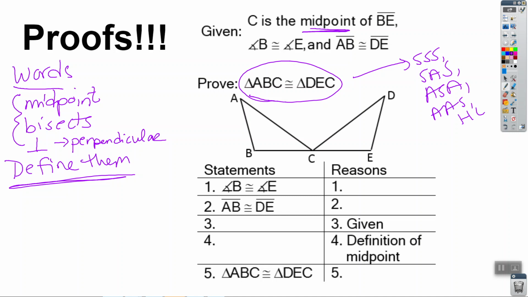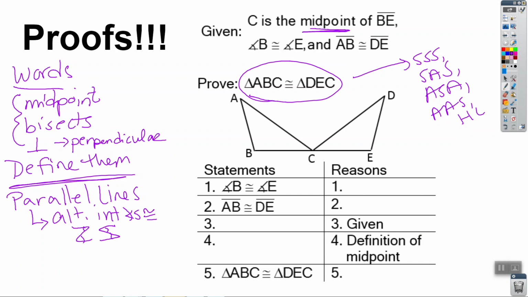Some of the other things they might give me: they might talk about parallel lines. If they talk about parallel lines, I need to know that my alternate interior angles are congruent. Those are my Z angles, and remember you can write that Z backwards or upside down, rotate it, flip it, do all that, just don't dilate.